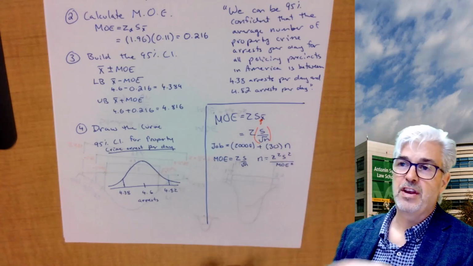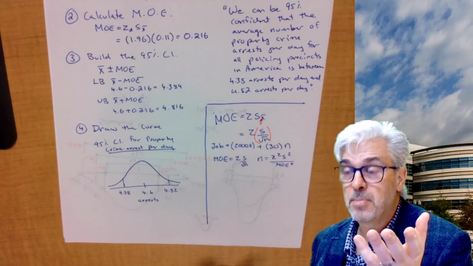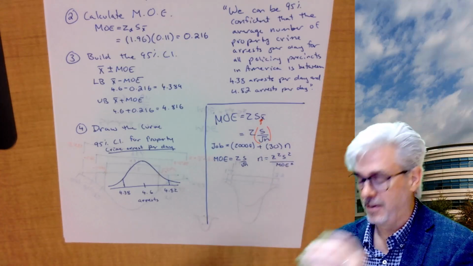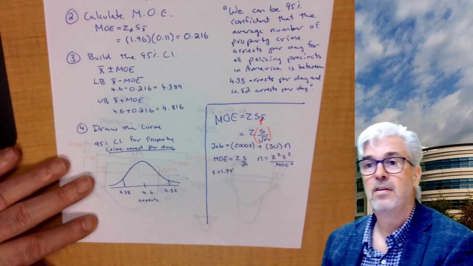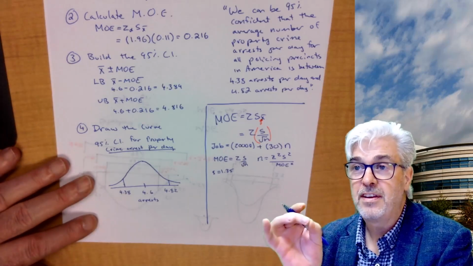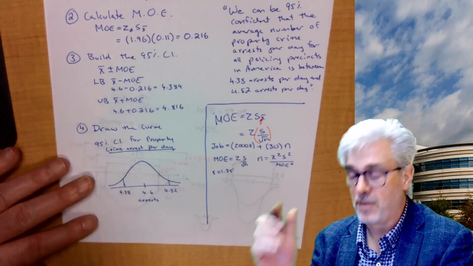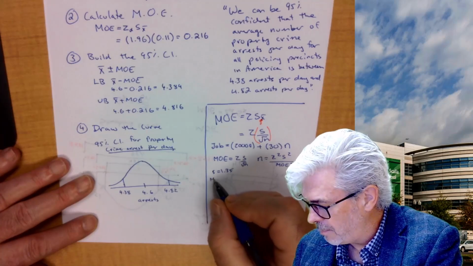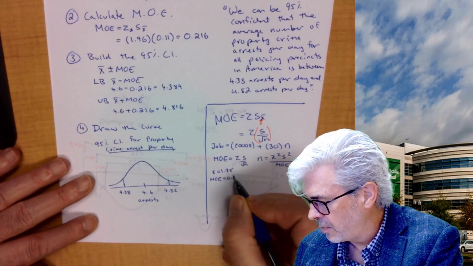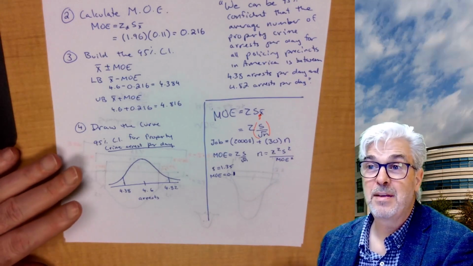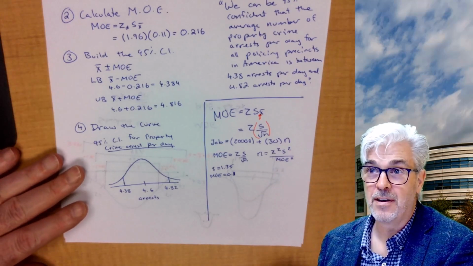So let's say that the next year I'm talking to the National Association of Police Chiefs and they say, okay, we're going to use the previous standard deviation. So, okay, s equals 1.35. They tell you that they want to be within 0.1 of an arrest. They want to have more accuracy. They want MOE to equal 0.1. And they say that they want to be 99% confident, right?